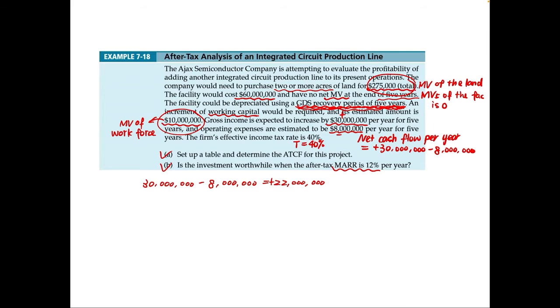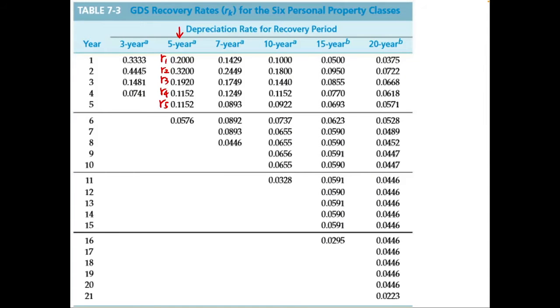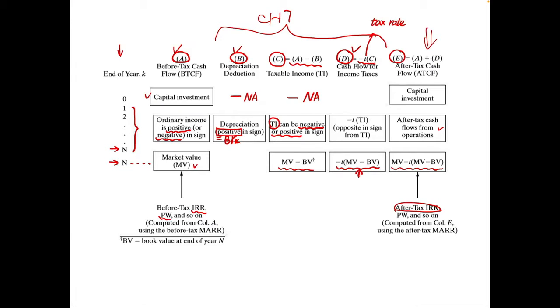Remember that the MV of this asset is going to be 0 at the end of the 5 years, which means it's disposed of at the end of the 5 years. So you're not going to use the R6, because the market value is decreased to 0 already in the 5th year. That's why in this table you're going to have year 0, year 1, year 2, up to year 5.